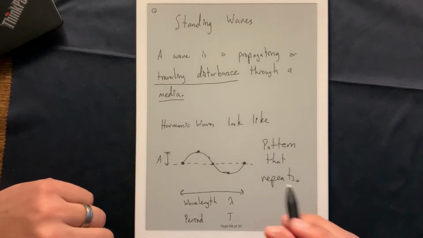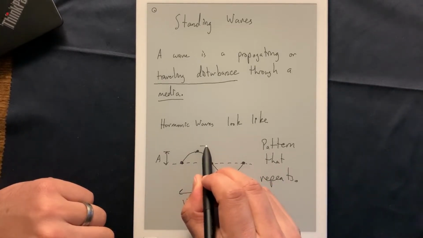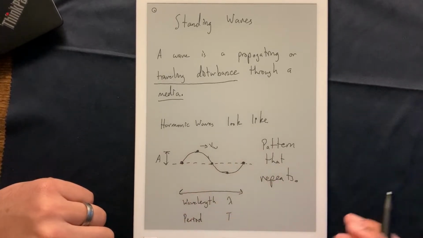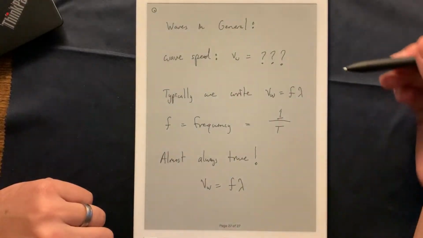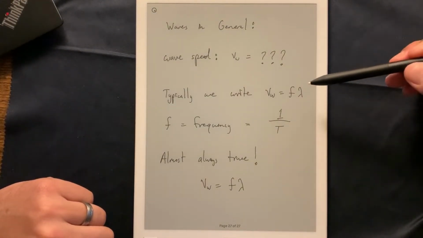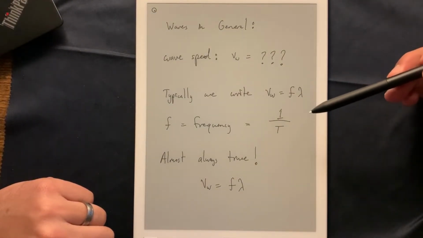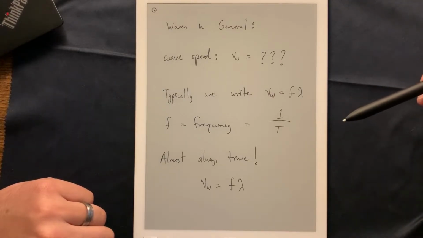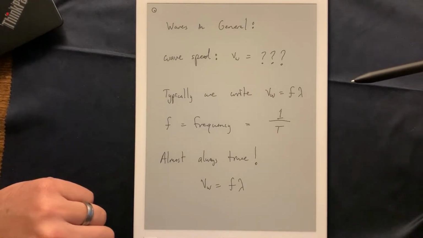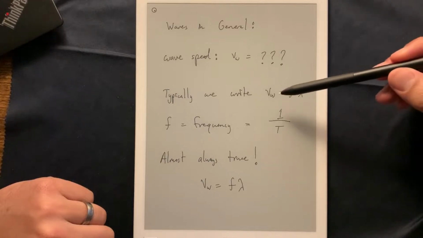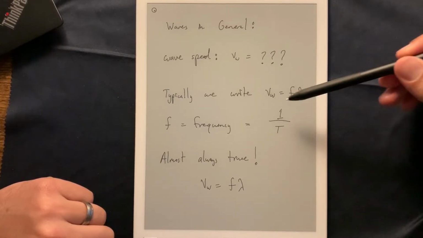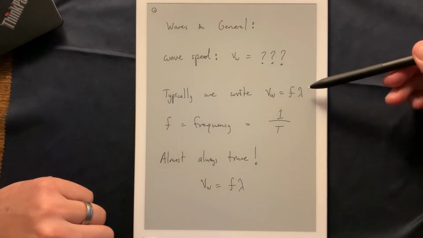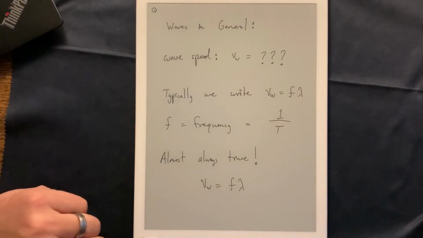That's the wave speed. That's all pretty good, right? You can count how many periods you see, you can measure the wave speed, you can solve for frequency or wavelength. You can do all these things.